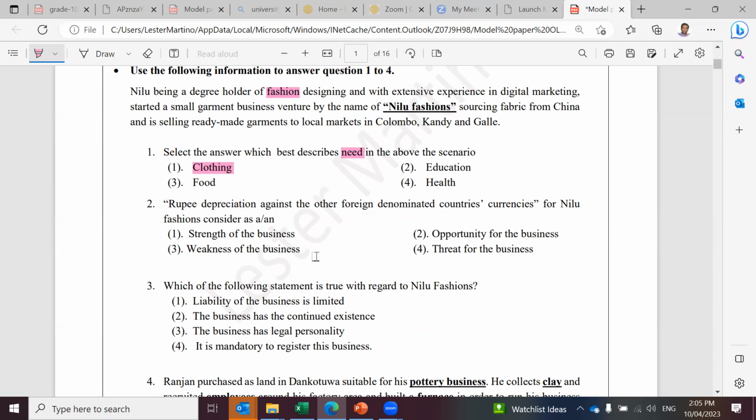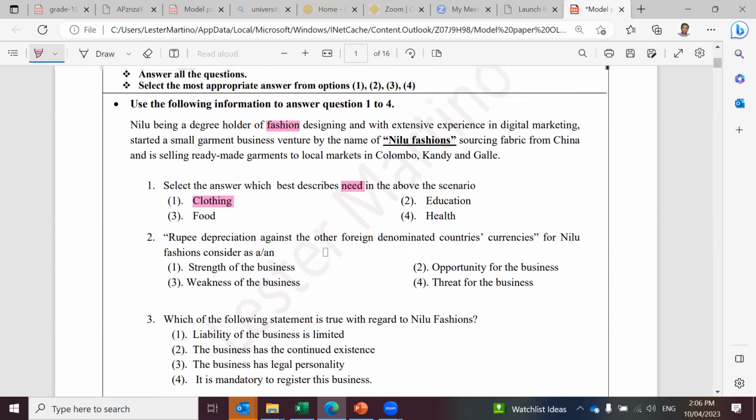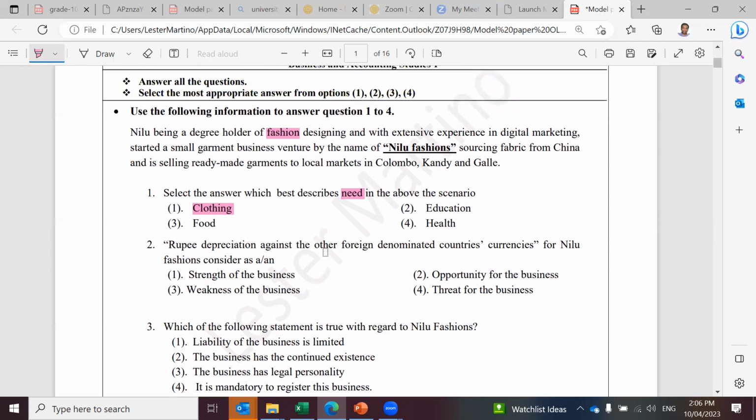So exchange rate is an economic factor. So please have a thorough knowledge on those areas, those parameters, indicators. Rupee depreciation against other foreign currencies, for Nilu Fashion. So Nilu Fashion imports fabric from China.